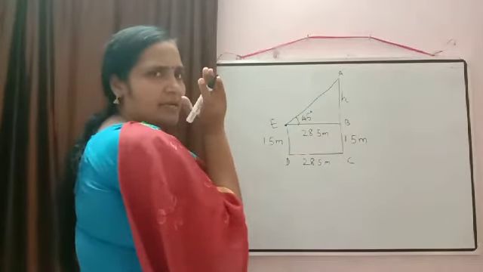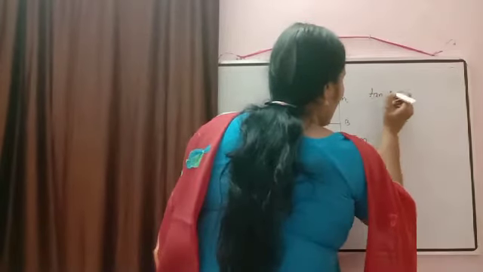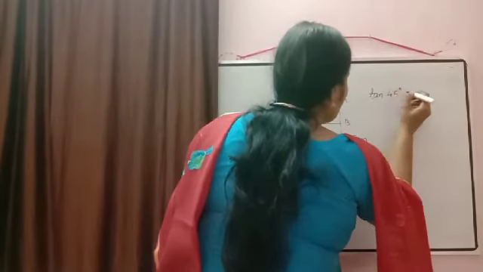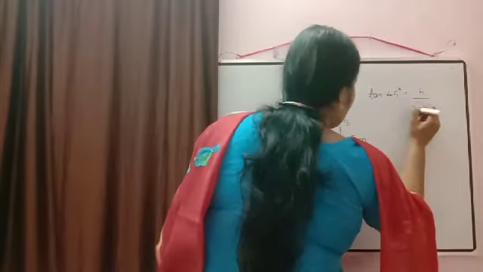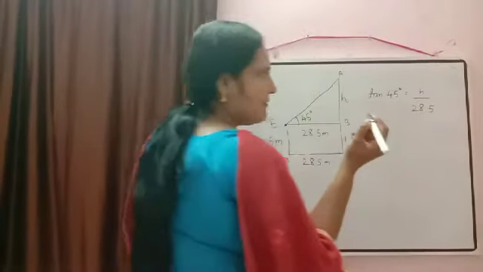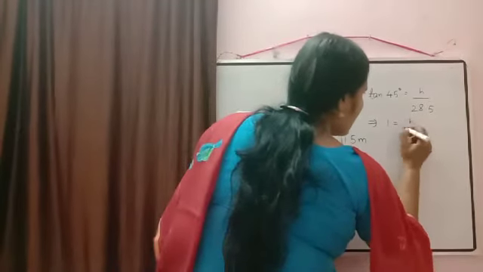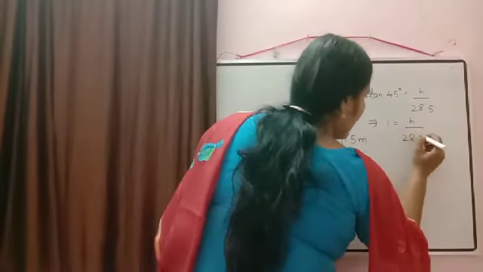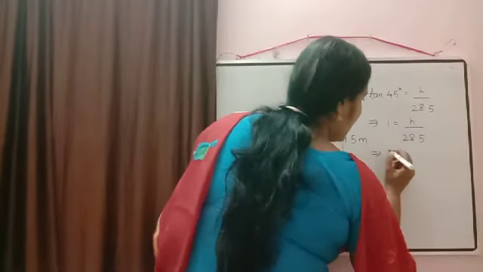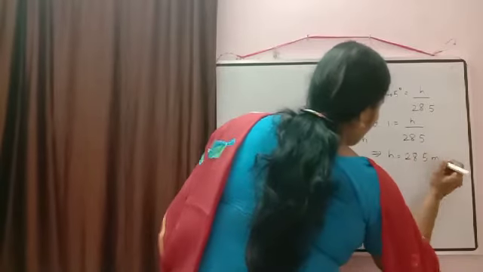So which trigonometric ratio? Correct. Tan. So we will write here tan 45 degree is equal to H by 28.5. How much is tan 45 degree? 1. So 1 is equal to H by 28.5. So from here we will get H is equal to 28.5 meter.